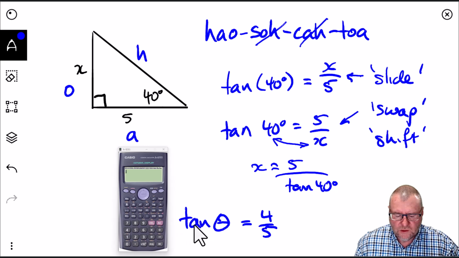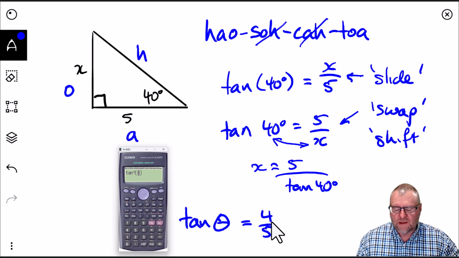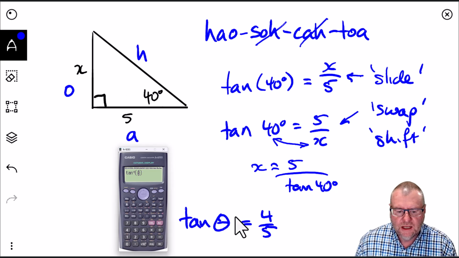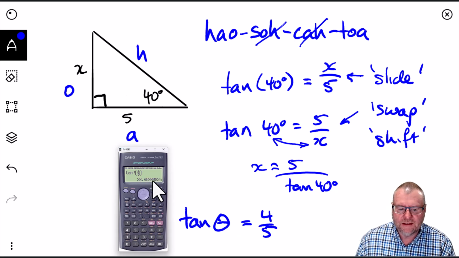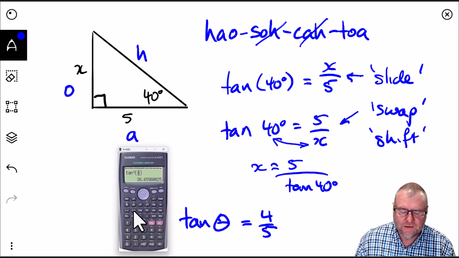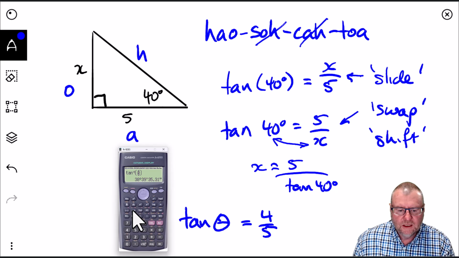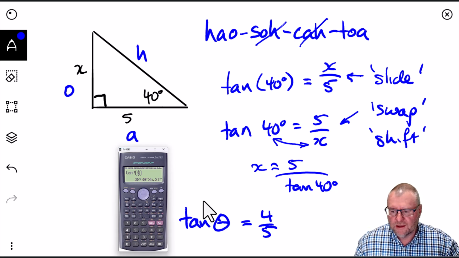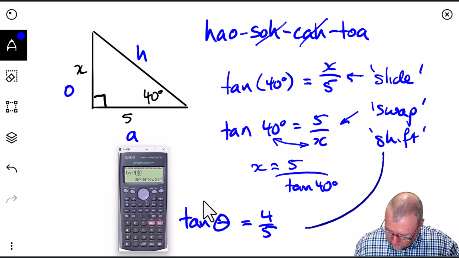So instead of doing tan, I hit shift tan, and then I put the fraction in. In this case, it would be 4 over 5. This is just an example. These aren't the real numbers from this question. And then when I hit equals, I'll get a decimal. But if I hit this degrees, minutes, seconds, or I like to call it the bubble button, it'll turn it into a degree. So it's 38 degrees, 39 minutes. That would be an example of shift.